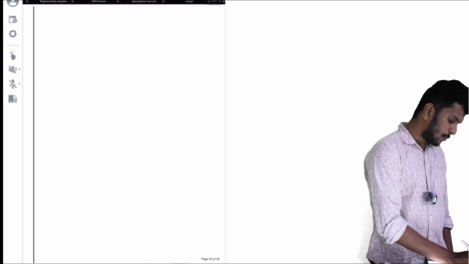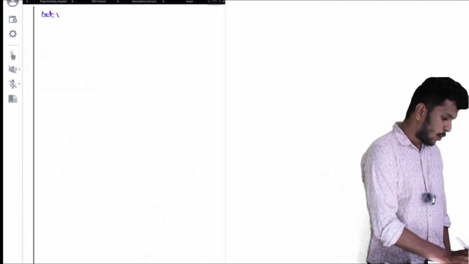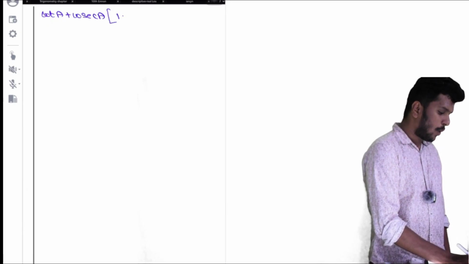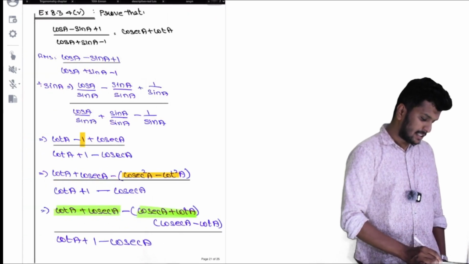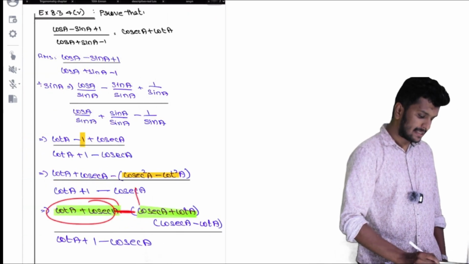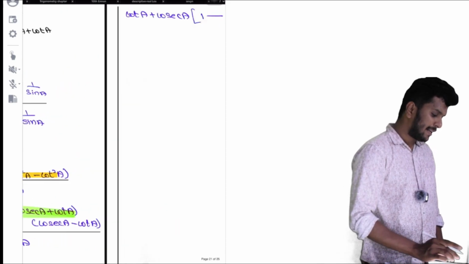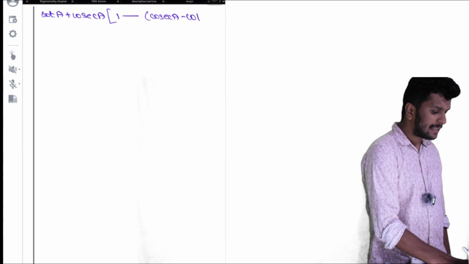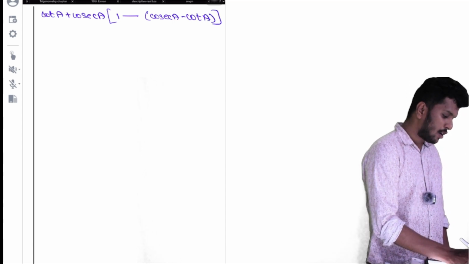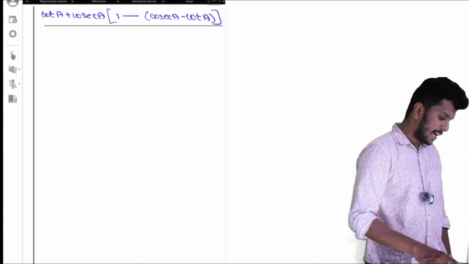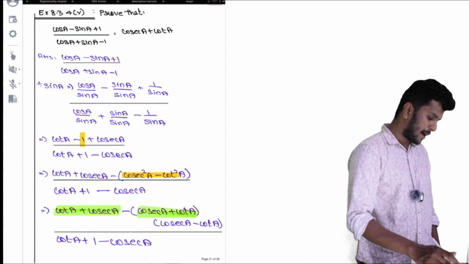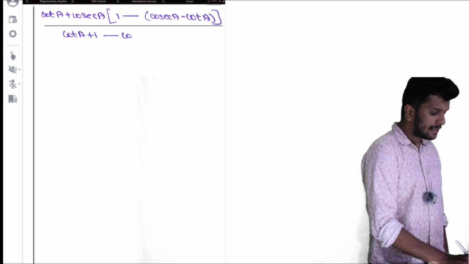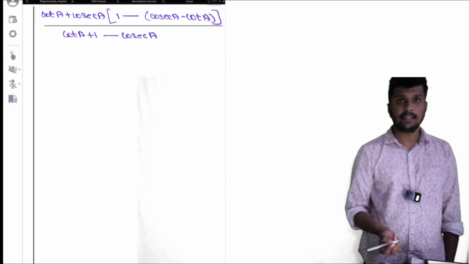So that implies what happens, cot A plus cosec A, if I take it, becomes 1 minus, in bracket, cosec A minus cot A, you close the bracket, whole divided by cot A plus 1 minus cosec A. Is that clear for all?